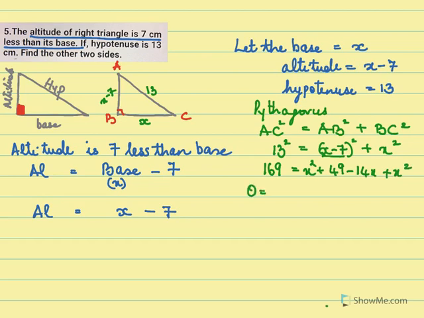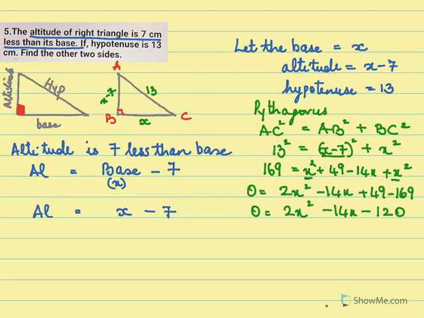So we'll put all the terms together. We'll put 0 here. We'll take 169 on the other side. Now this x square plus x square will be 2x square. I'll just rearrange it: minus 14x plus 49 minus 169. So 0 equal to 2x square minus 14x minus 120.